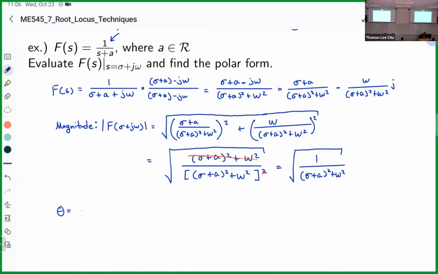it's going to be the arctan of minus omega. Because the imaginary component here is going to be, all right, I'll write it out fully. It's going to be minus omega over this whole term here, sigma plus a squared plus omega squared, divided by sigma plus a over sigma plus a squared plus omega squared.